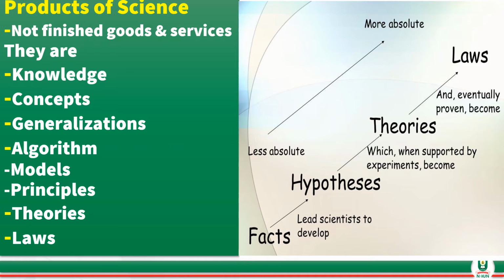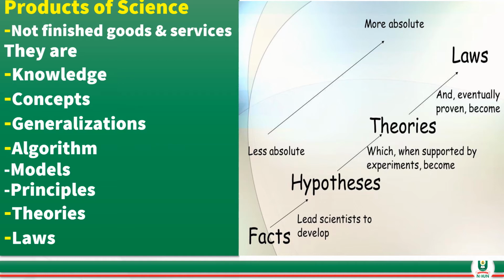But when we talk about product of science in this context, we're referring to the knowledge that came from scientific inquiry: the knowledge, the concepts, the generalizations, the algorithms, the models, the principles, the theories, and the laws. These are what we refer to as product of science. So you should know all these things when we're talking about product of science.